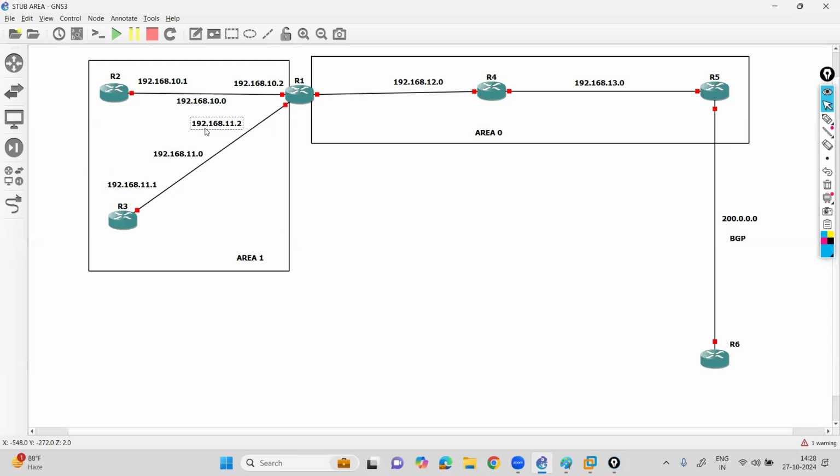Let's move forward. On this side, we have the IP addresses 192.168.12.1, 192.168.12.2. Here we have 192.168.13.1 and 192.168.13.2.